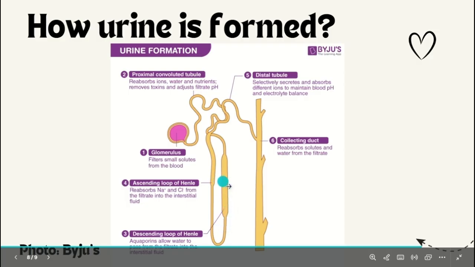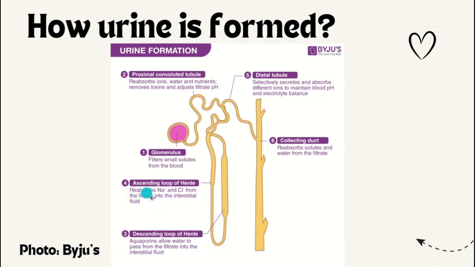In the descending loop of Henle, aquaporins allow water to pass from the filtrate into the interstitial fluid, right? And then the ascending loop of Henle is going to reabsorb sodium and chloride from the filtrate into the interstitial fluid.